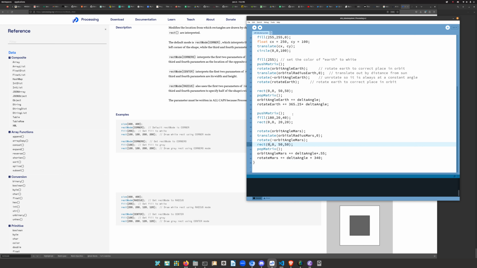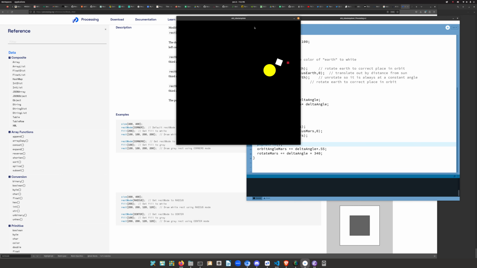Now, definitely don't draw it there. Draw it there. Okay, so let's look at what that does. There we go. Okay, so the only thing is that Mars is not rotating, so we have to.